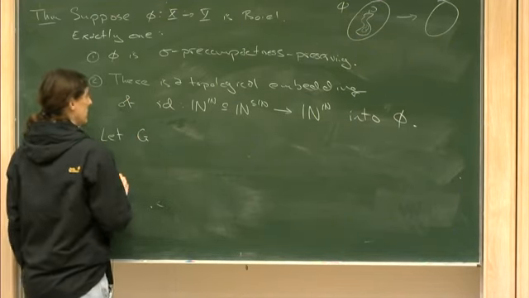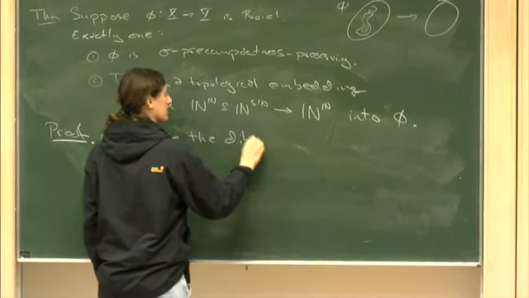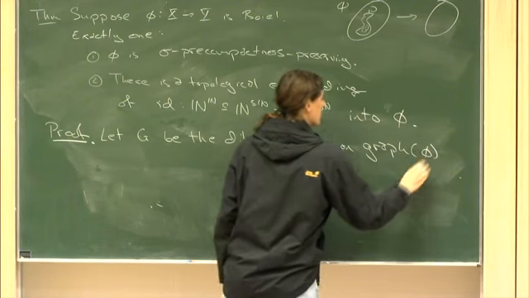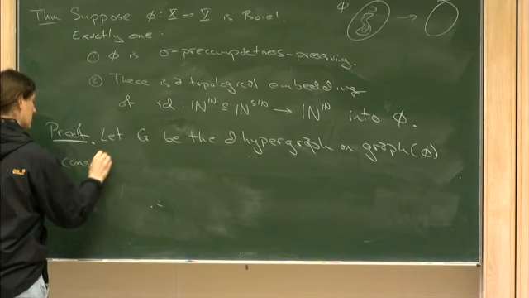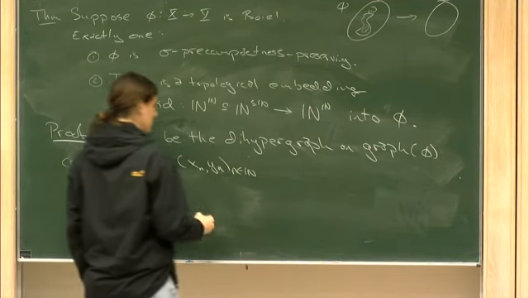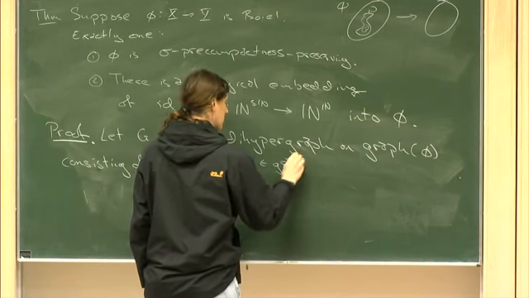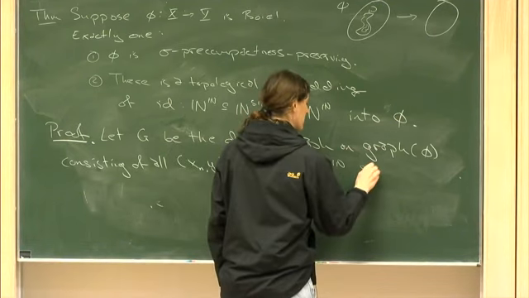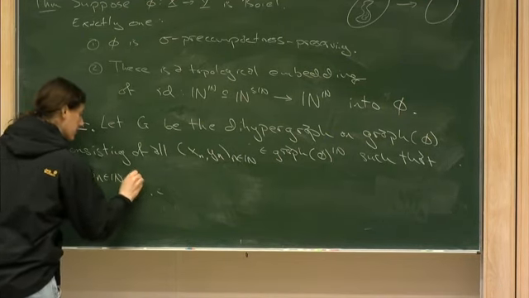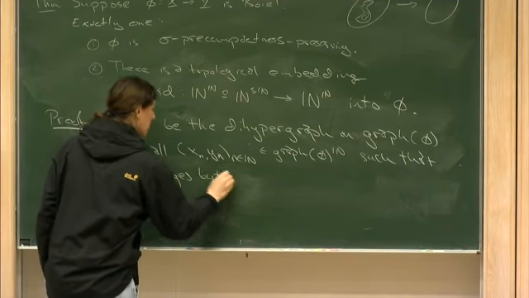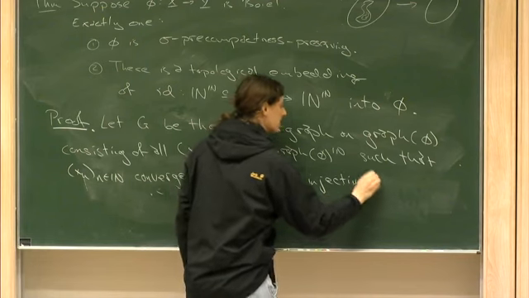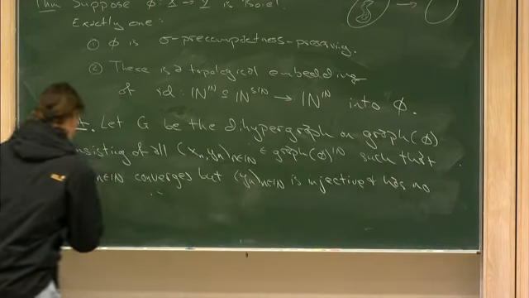So let G be the dihypergraph on the graph of phi consisting of all sequences (x_n, y_n) for n in omega, so this is in the graph of phi to the omega, such that x_n converges, but y_n is injective and has no convergent subsequences.